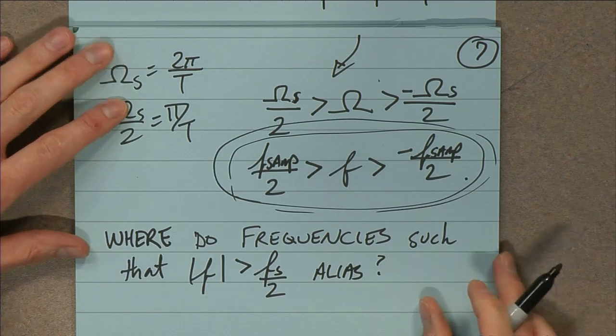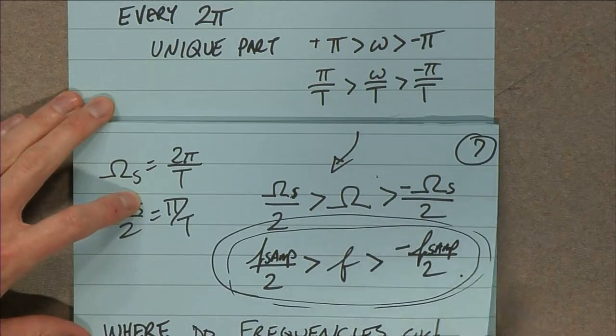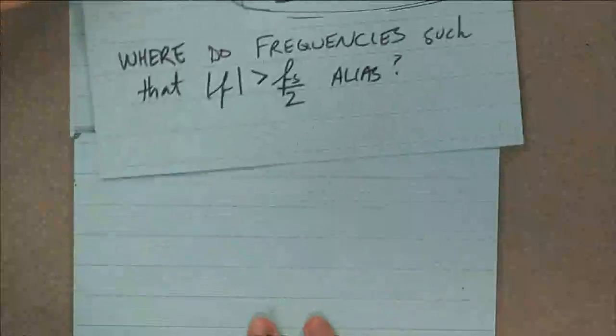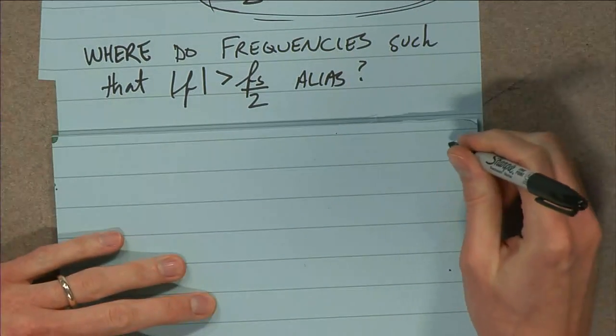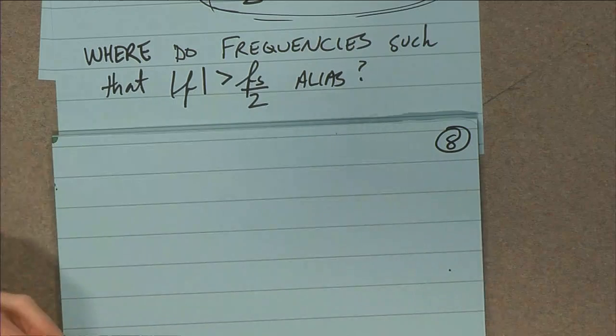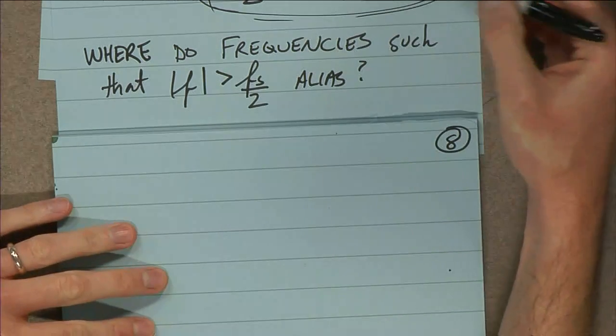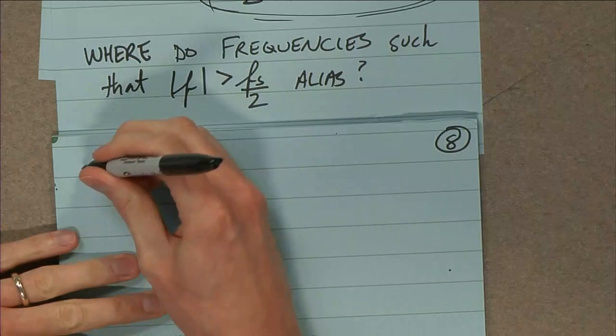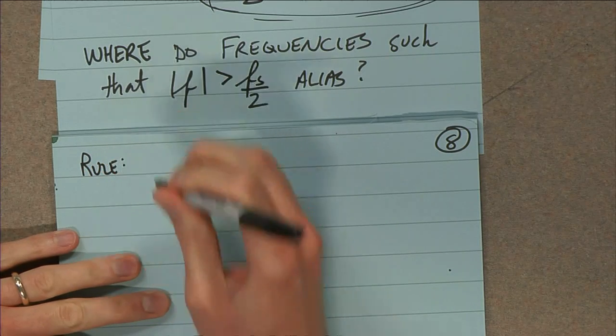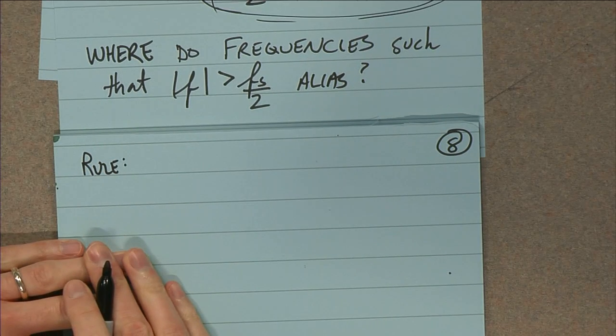So how do you do that? And that goes back to this concept of the folding frequency and the fact that things are periodic with 2 pi, and we've scaled it down to this f samp. So here's the rule that we're going to use to make this pretty easy.